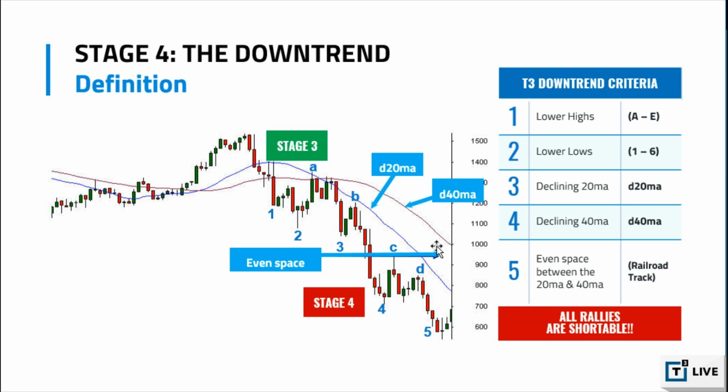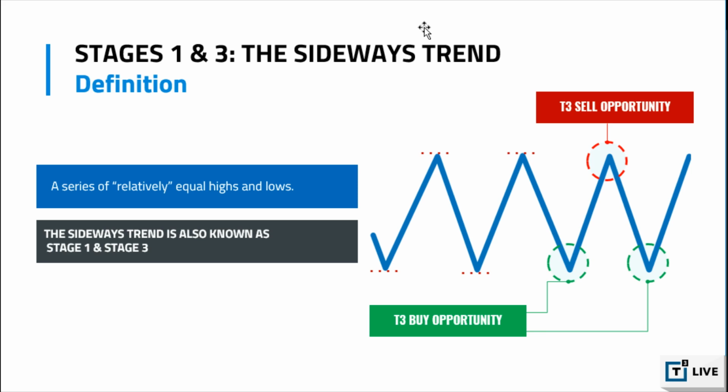More examples. When you have the railroad tracks, it rarely fails. Okay. And then the sideways trend is defined as a series of relatively equal highs and lows. Sideways trends are also known as stages 1 and 3 in that basic unit, which we'll talk about in next week's lesson.